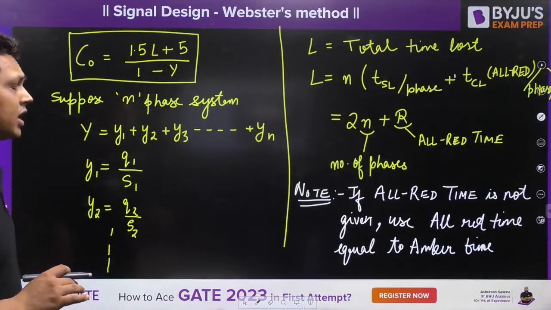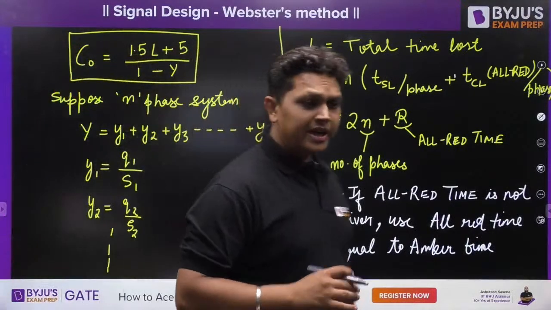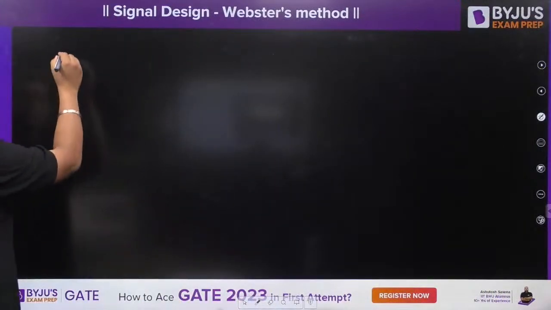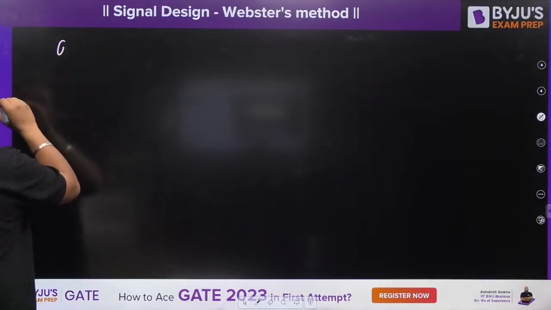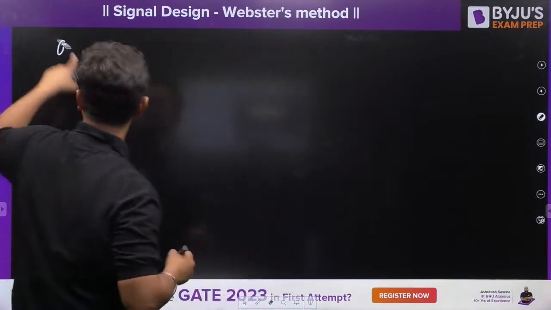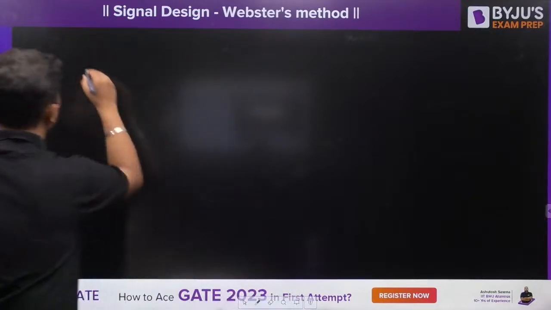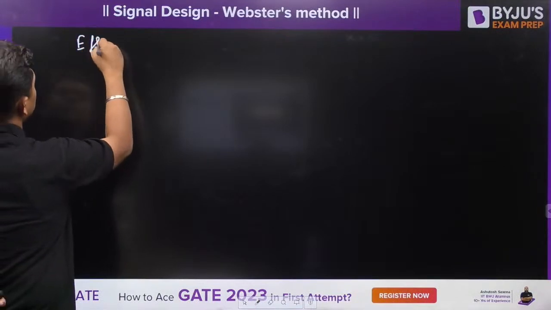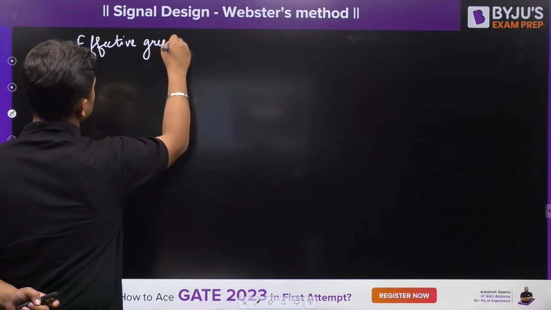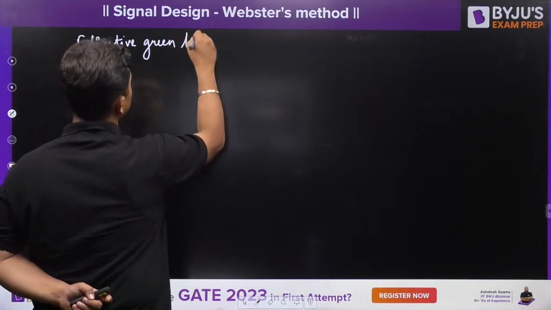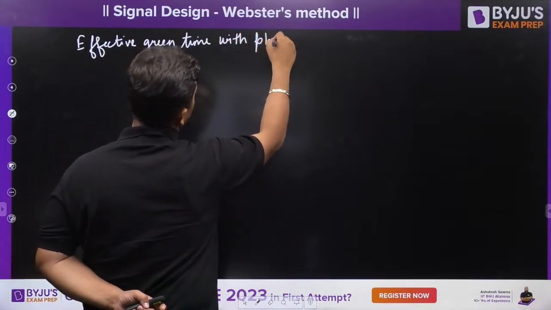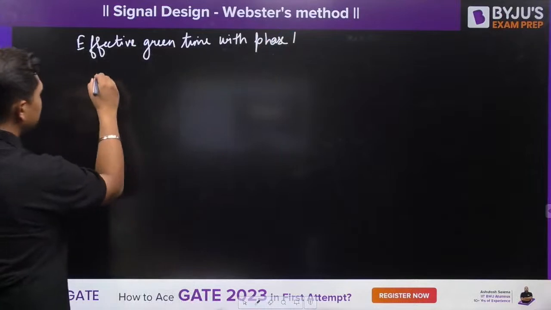Now, what is the green time available with any phase? Let us calculate the effective green time with phase 1, that is G1.